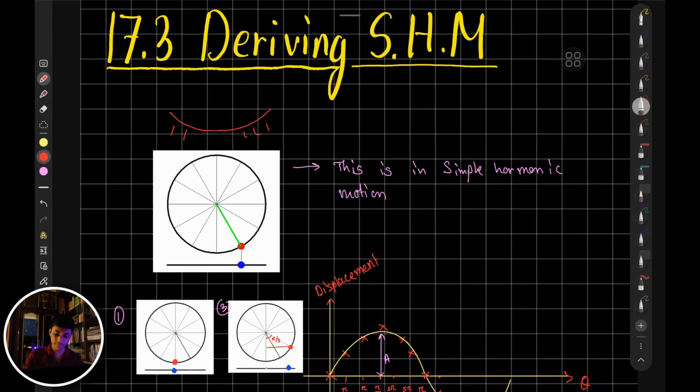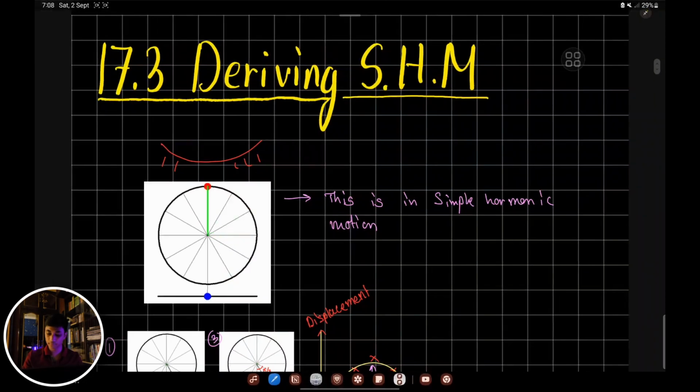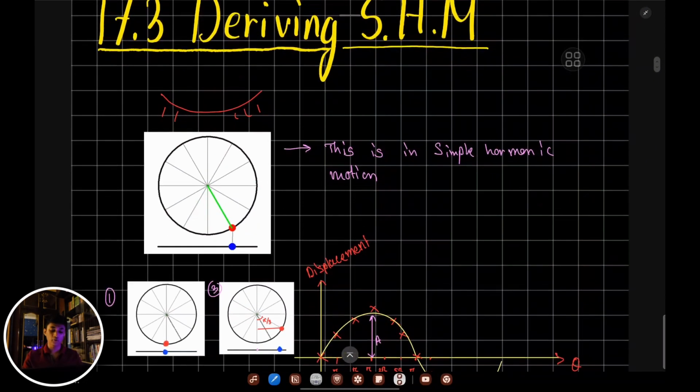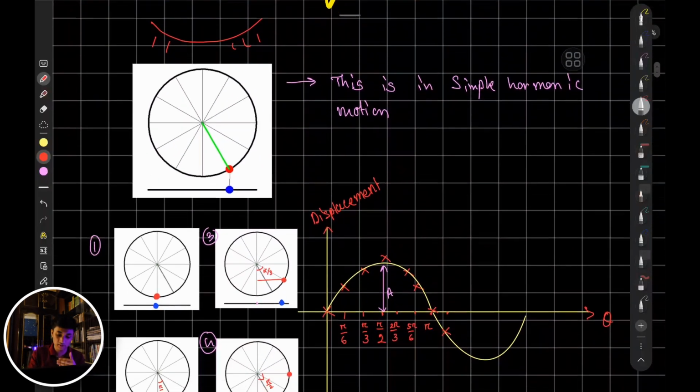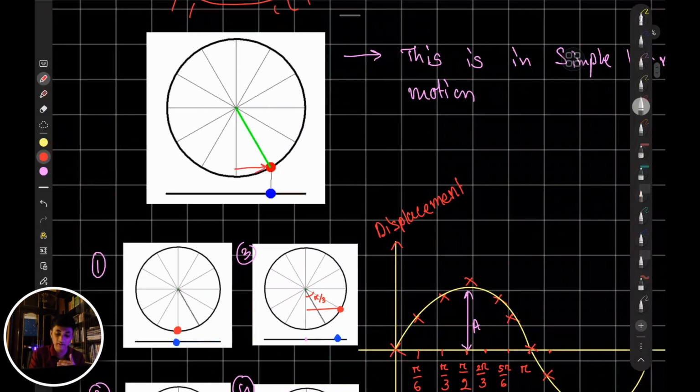So basically, when you shine a bit of light from the top and try to see the shadow, you see the blue bob keeps oscillating rightwards and leftwards. And it is due to the change of angle of the red bob.